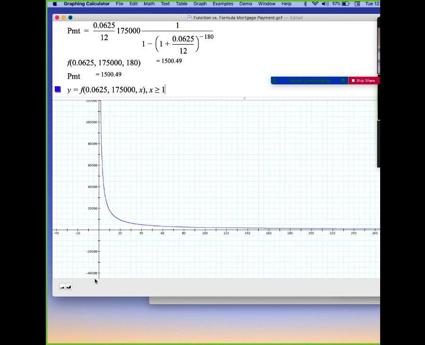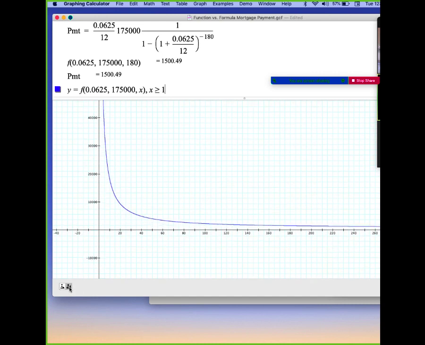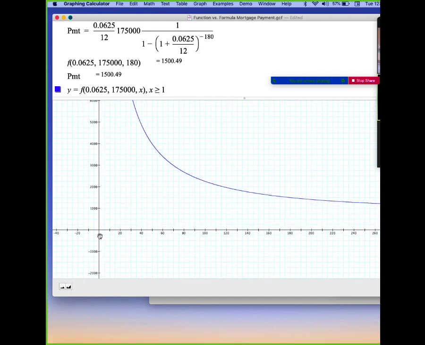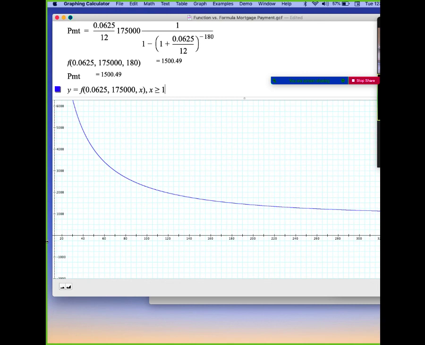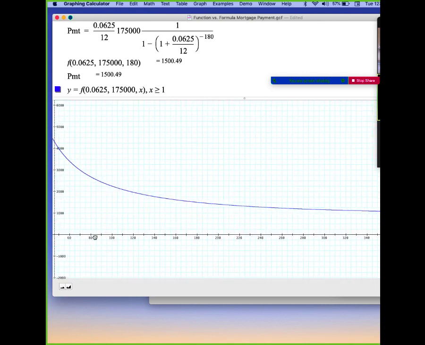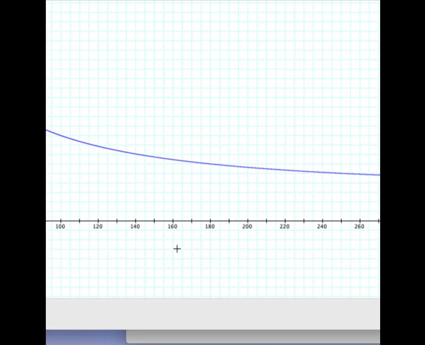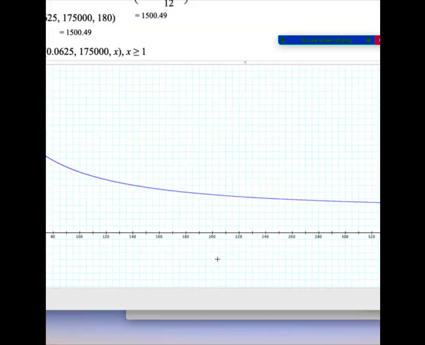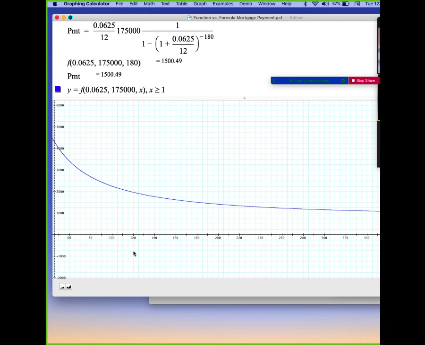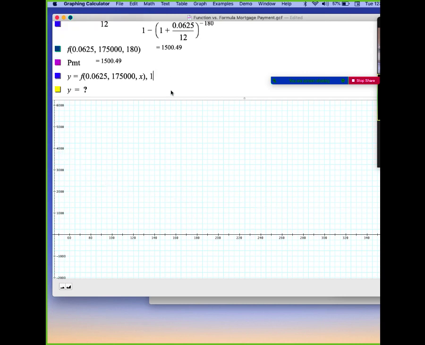And then let's zoom in on the y, because we don't really care about what's going on here with very few payments, right? So this is more realistic. If I could read, I cannot read. There's 180. There's 240, that's 20 years, and then 360 is over here. So this is a good view now. And maybe we want 1 less than or equal to x, less than or equal to 360.